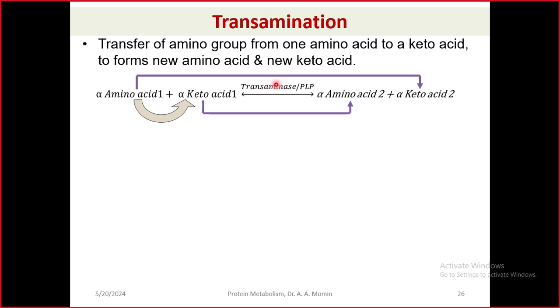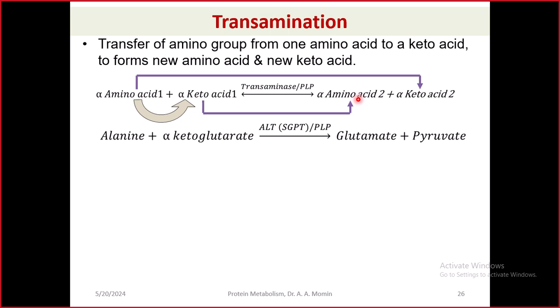So the transamination reaction is catalyzed by transaminases with the help of the cofactor pyridoxal phosphate. There is only transfer of the amino group from an amino acid to a keto acid, and due to this transfer the amino acid is converted to a keto acid, and the keto acid, by accepting the amino group, is converted to an amino acid.